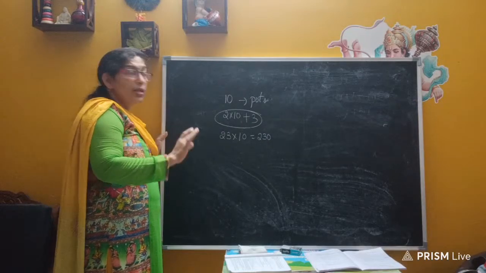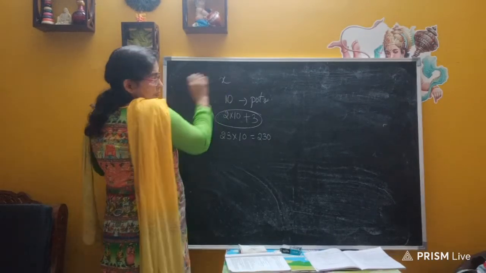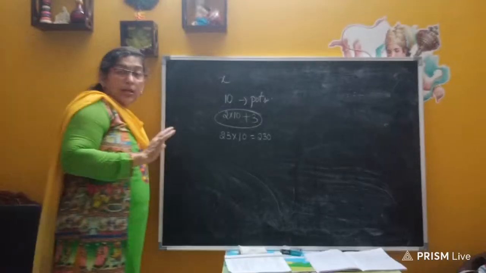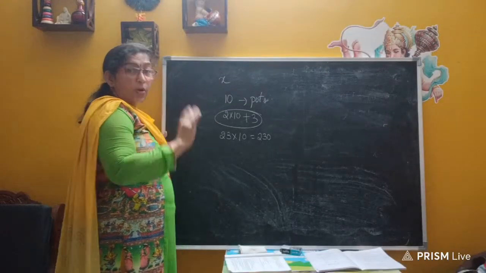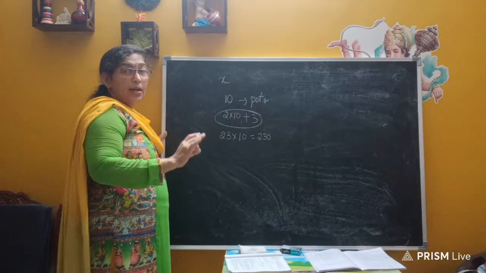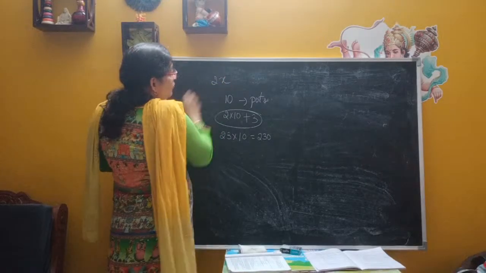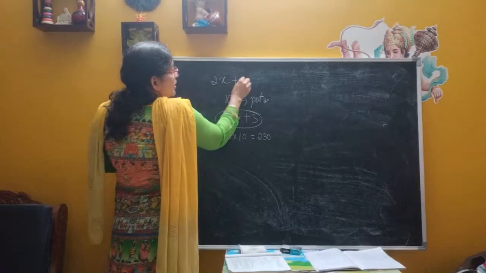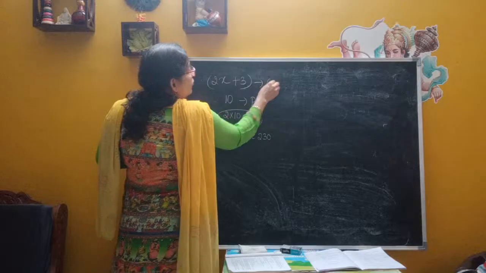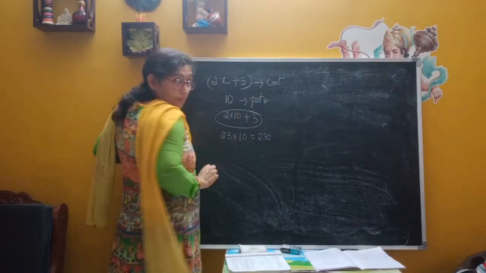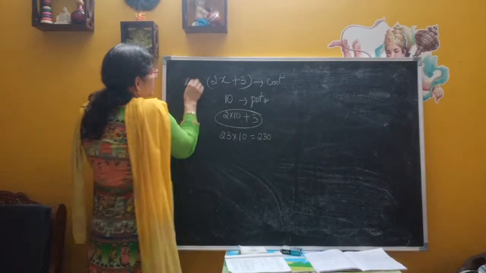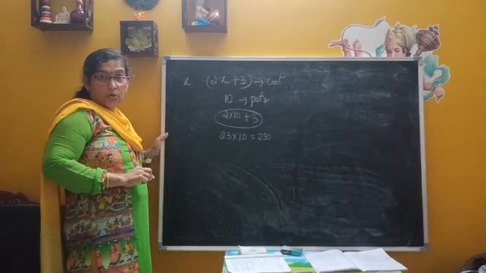Let us take that as x. If on a day x number of articles were made, then how much is it? Twice of x plus 3. This is the cost of one article, and x is the number of articles produced.